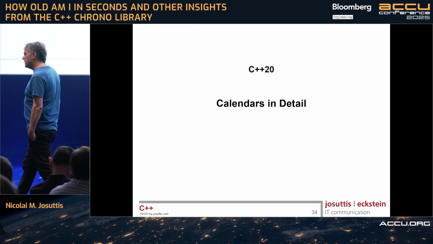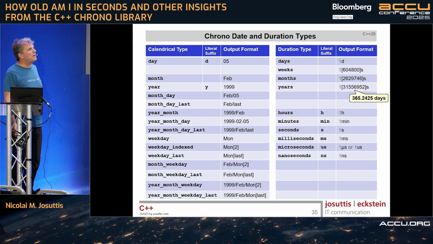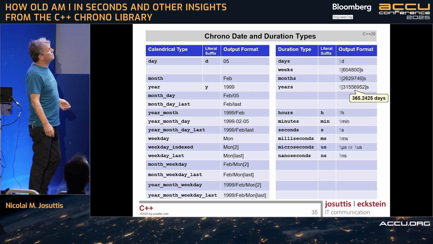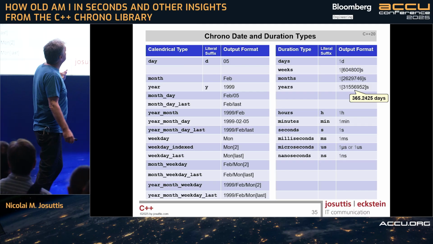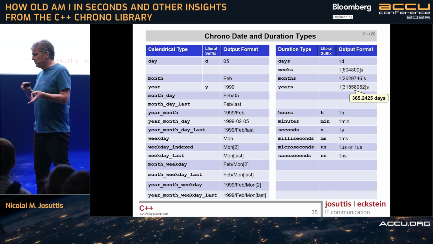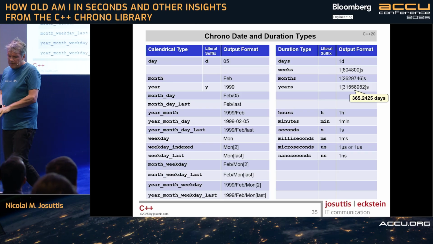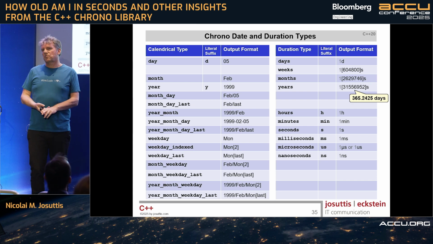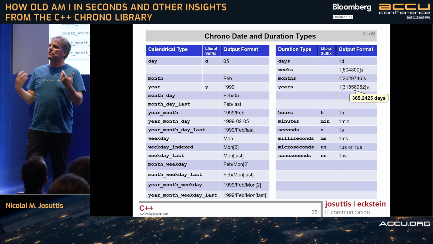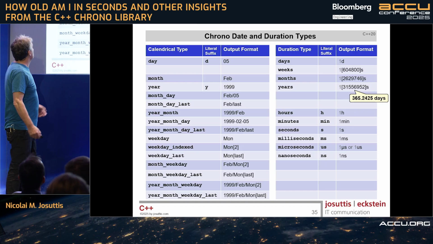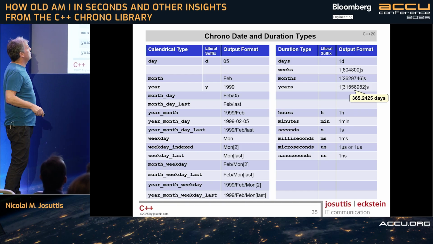Let's look into this in a little bit more detail. First of all, we have a couple of data types, and we have a couple of suffixes and duration types. These are two different things. On the left-hand side, you see data types that are data structures that can logically hold one or more pieces of information about a date, like year, month, day last, and so on.